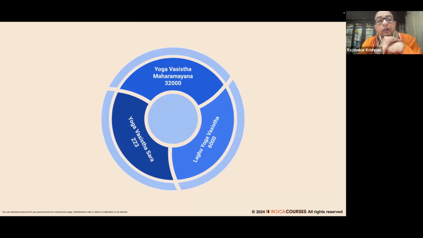And the Yoga Vasishta Sara, like some of the greatest things in the Indian philosophical tradition, nobody knows who compiled it. But obviously it would be a saint of the highest order, because it is from the Yoga Vasishta, not necessarily from the Laghu Yoga Vasishta. You might think it's a linear process, but no, some of the Yoga Vasishta Sara shlokas are not there in the Laghu Yoga Vasishta.